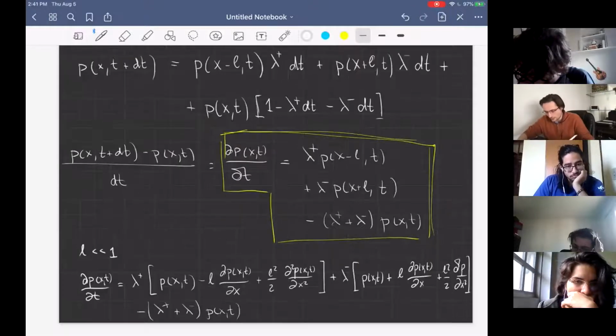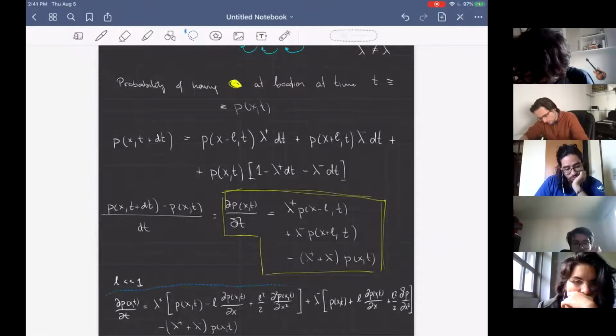Okay, so let's take this to the next page, which I think is going to be more helpful.